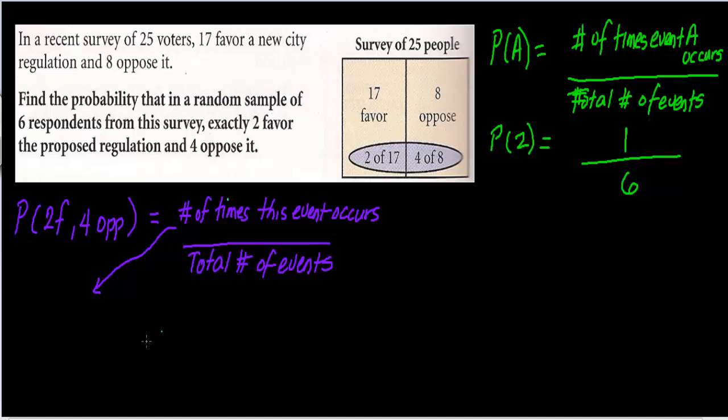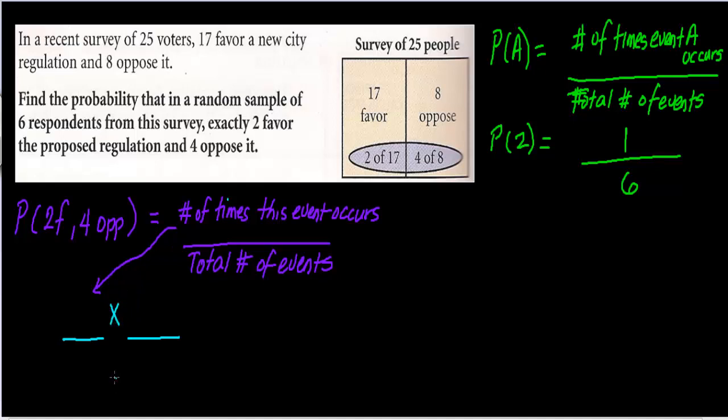So I'm going to do what we did in our previous example. This looks like the fundamental counting theorem, where we have one event that can occur in a number of ways and another event that can occur in a number of ways. The number of ways these 2 events can occur together is found by multiplying them together.